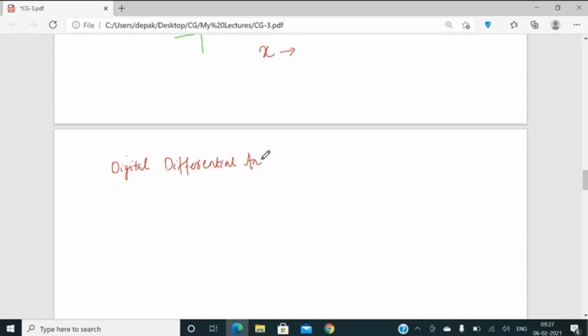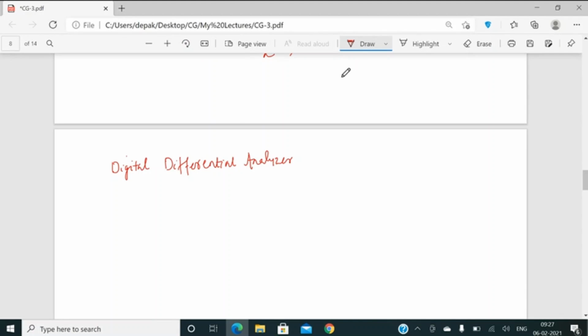And of course, this is a scan conversion line algorithm, which is based on calculating the difference of x and y, that means del x and del y. And we also know that m is nothing but del y by del x, right? So this is also called the DDA algorithm.